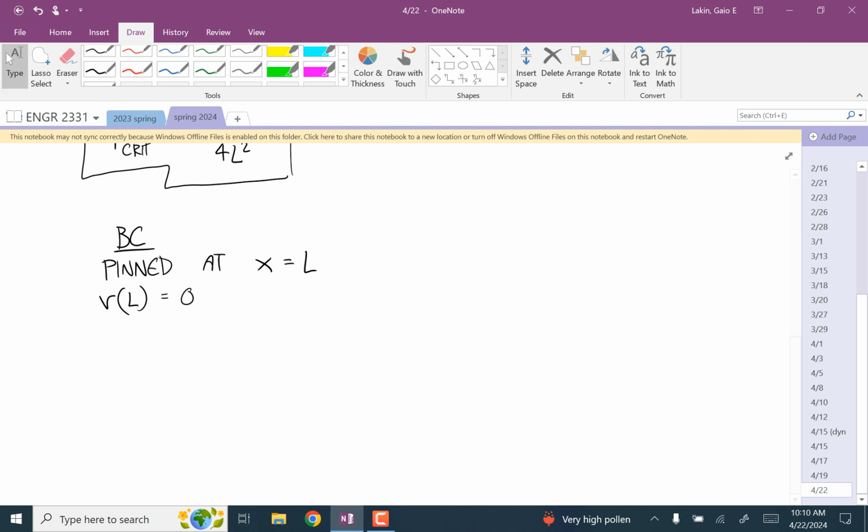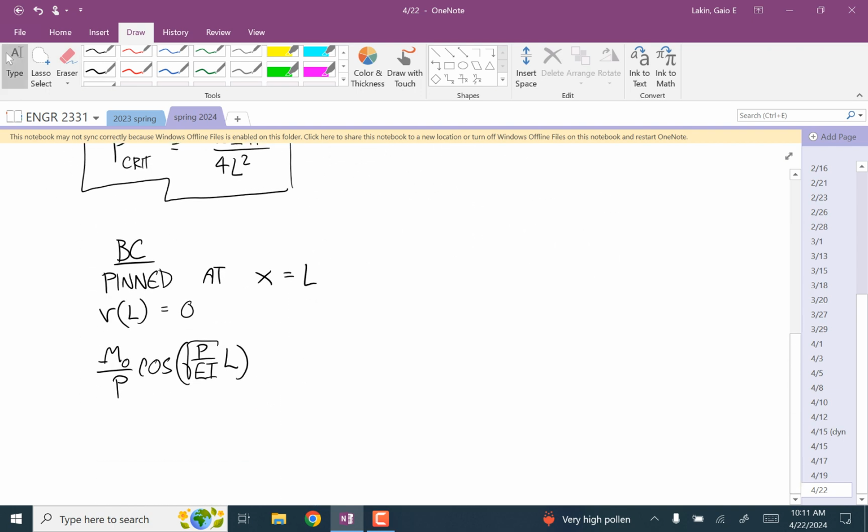So we have M sub 0 over P times the cosine of the square root of P over EI times L, minus M sub 0 over P, is equal to 0.